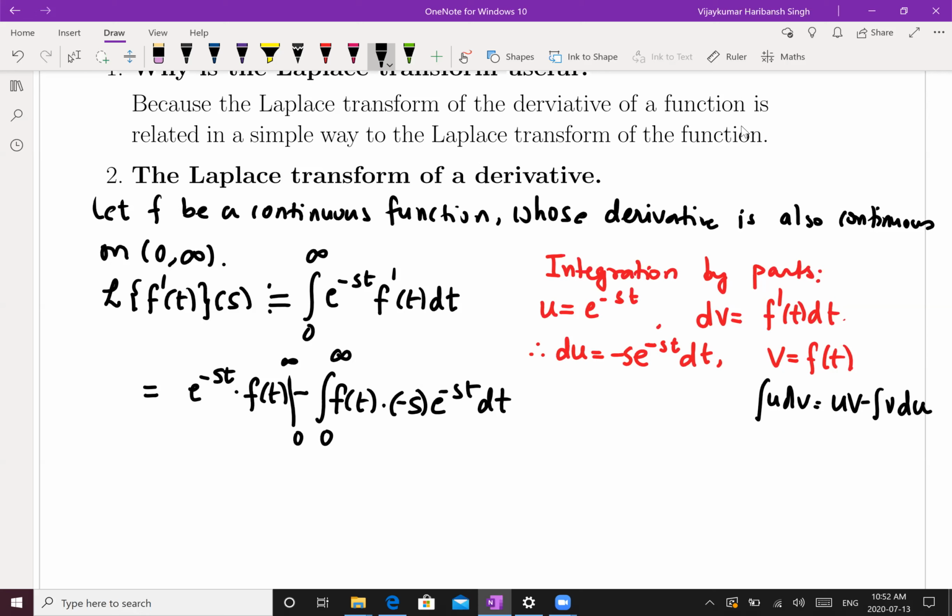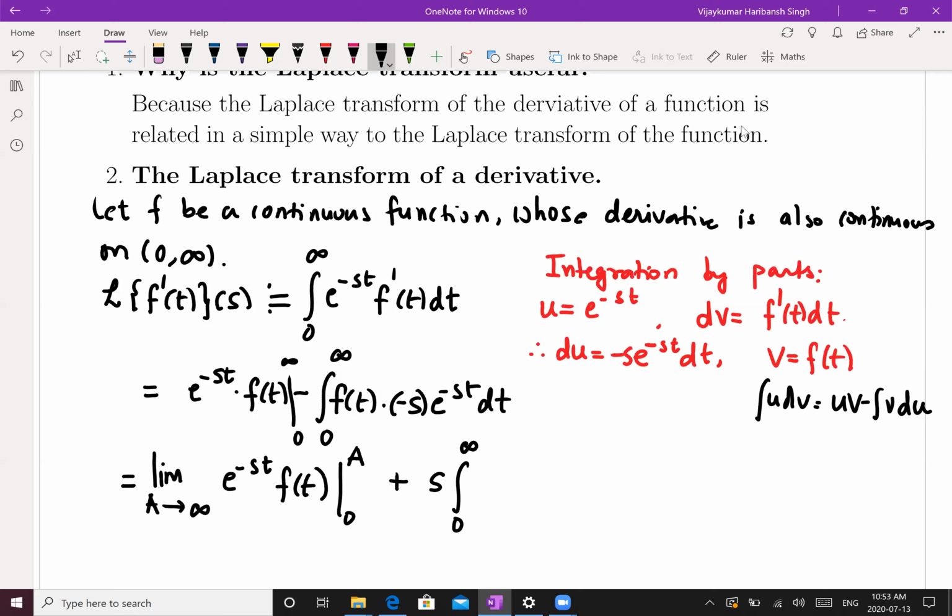All right, so whenever I'm dealing with a limit at infinity, I have to use the limit. So limit as, say, a goes to infinity, of e to the power minus st f of t from 0 to a, minus of minus, so this will become plus, and s will come out because this integral is with respect to t.